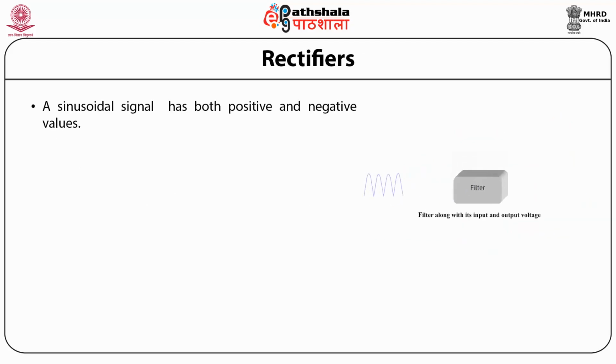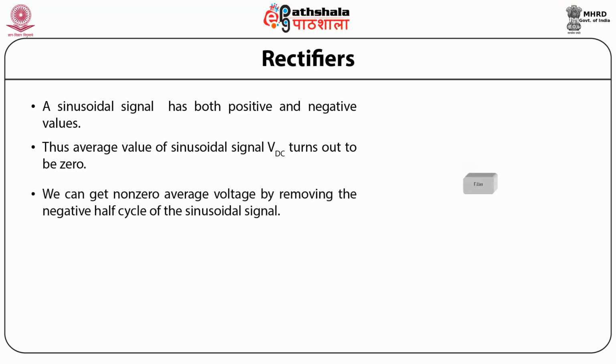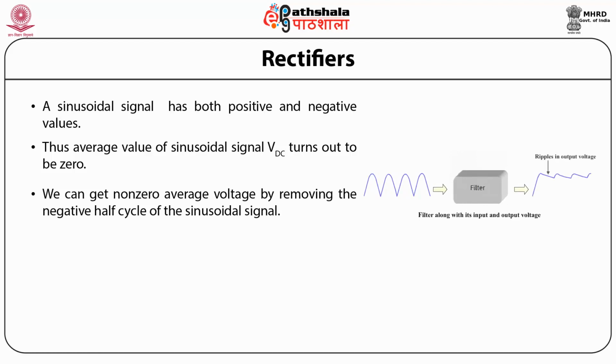Now let us discuss the rectifiers. A sinusoidal signal has both positive and negative values as shown in this figure. Thus, the average value of the sinusoidal signal, VDC, turns out to be 0. So we can get a non-zero average voltage by removing the negative half cycle of the sinusoidal signal.